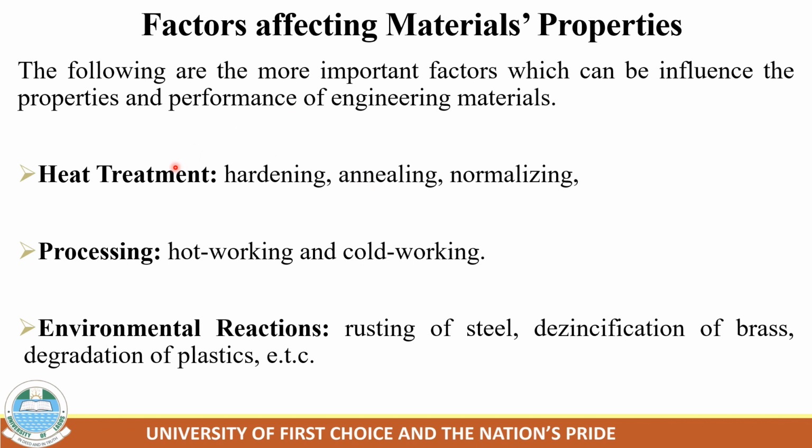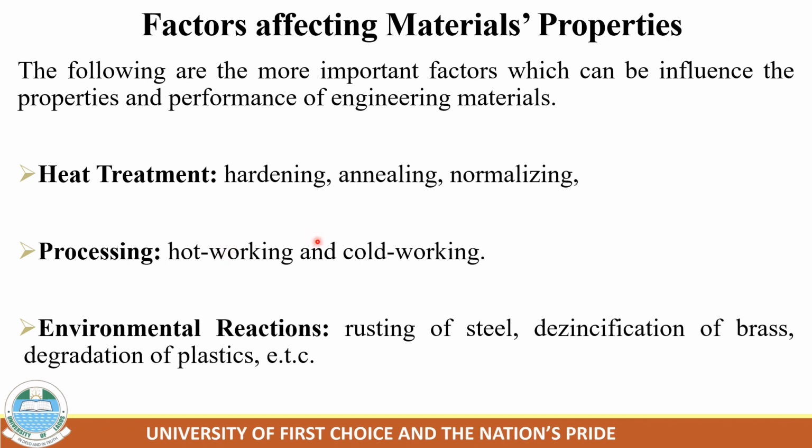After heat treatment, another factor that affects material property is the processing. Any material can be hot worked or cold worked. Based on hot working and cold working processing, the material properties do change.